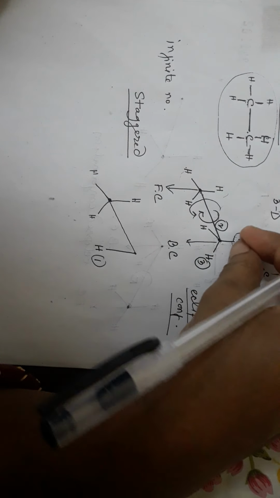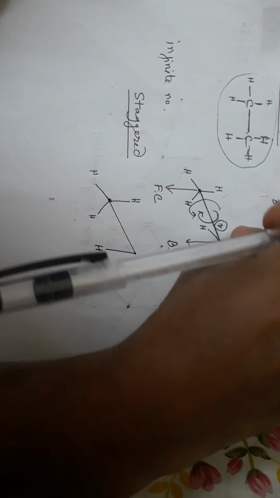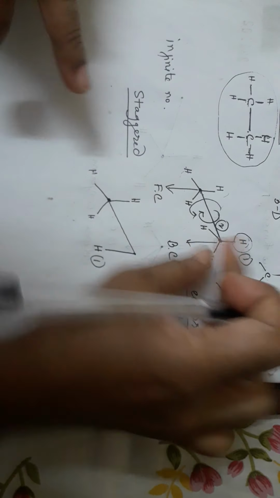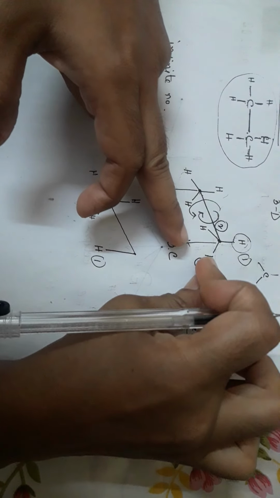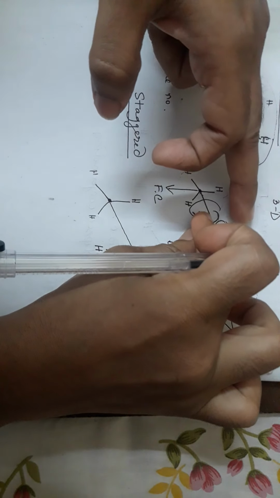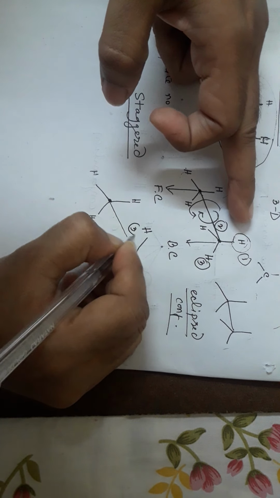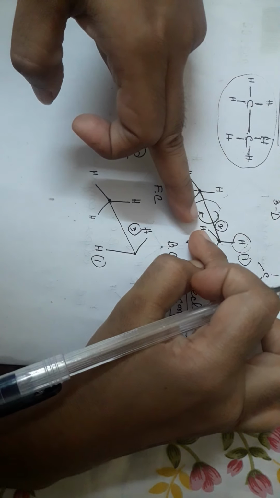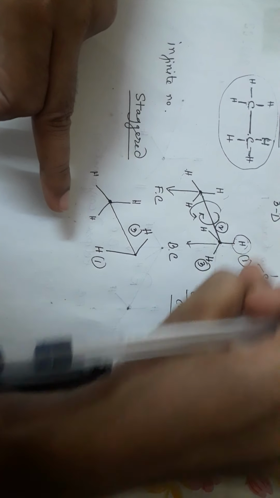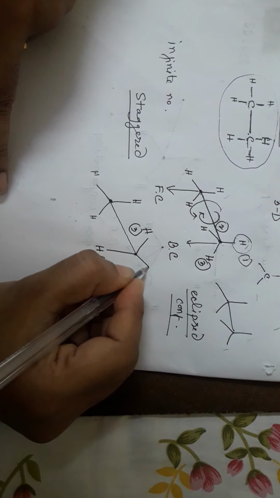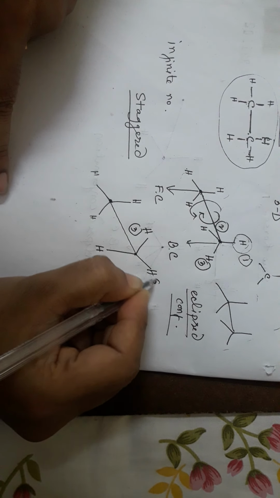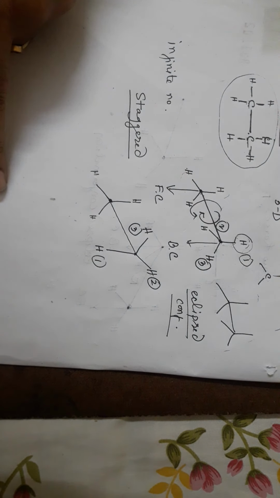If I bring it downward, hold it and keep it downward, then this number 3 hydrogen will be on the left hand side, and this number 2 hydrogen will be at the right. Clear?